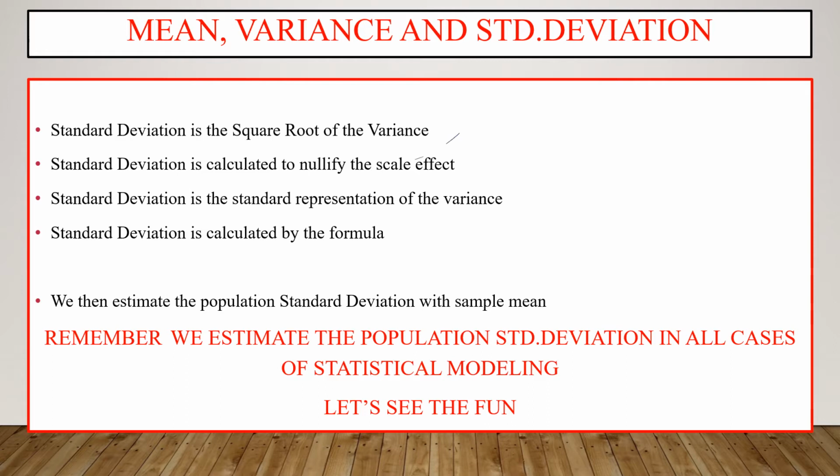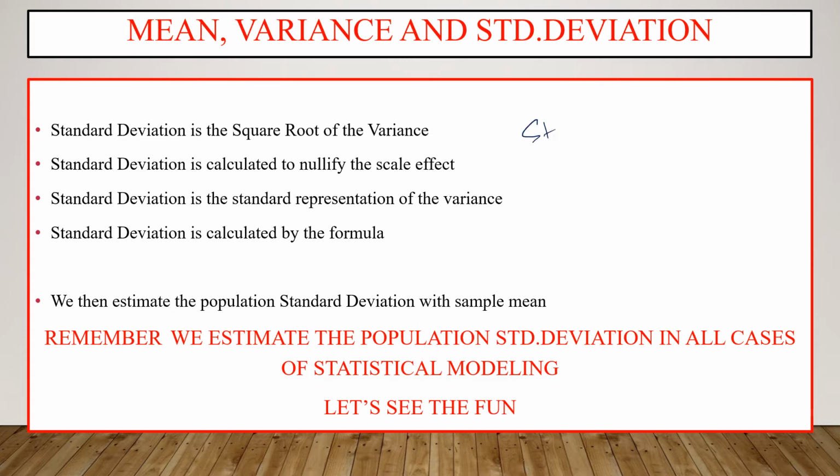Okay, now coming to the standard deviation, as you can see the population variance is basically a square term, right? And in the x-axis we don't have that square term. So we try to nullify the effect of the square in the variance by taking the square root.